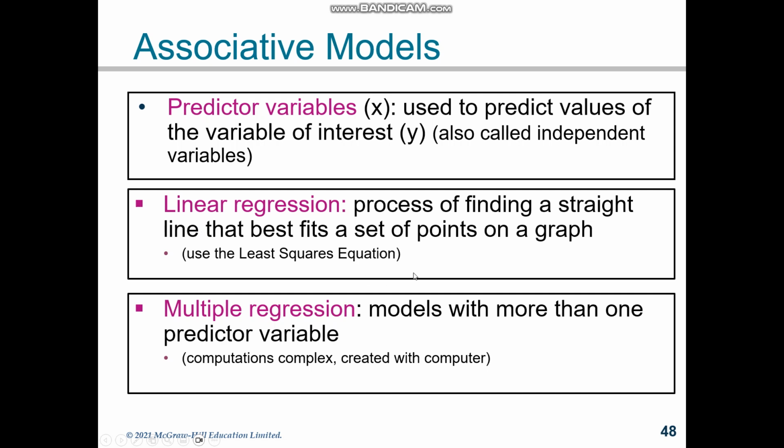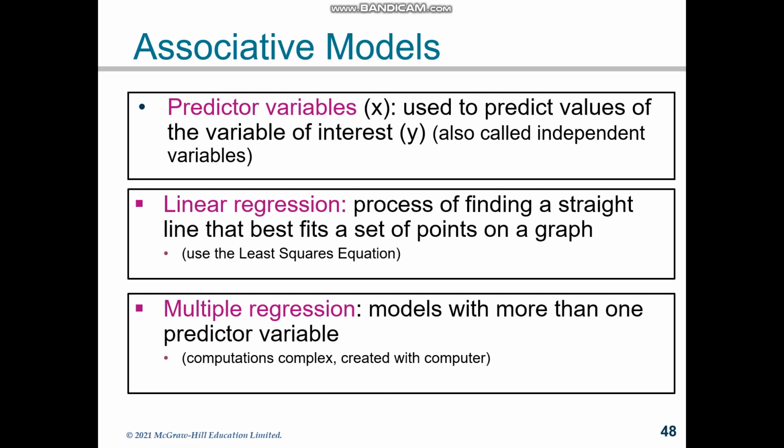Linear regression is the process of finding a straight line that shows the relationship between two variables like x and y, and it's linear, not non-linear. And multiple regression is a model that is trying to find a relationship between more than two variables. For example, the relationship between y and x1, x2, x3, and x4 is a multiple regression model.